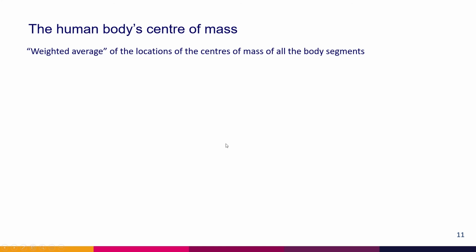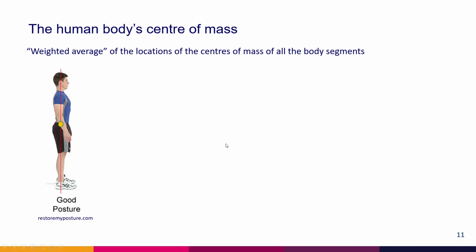So the human body's overall center of mass is the weighted average of the locations of the centers of mass of all the individual body segments. When a person is standing upright with good posture, the body's center of mass is around the level of the top of the hips, so the waistband of this man's shorts.